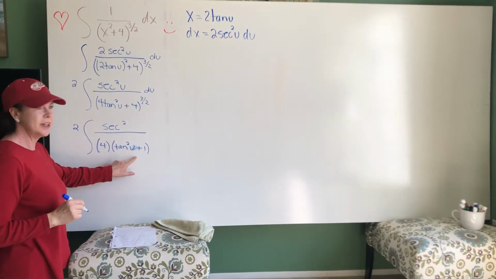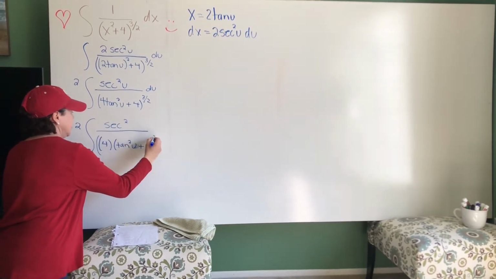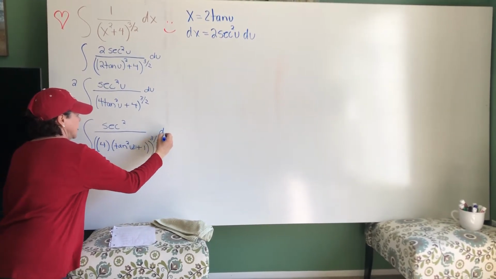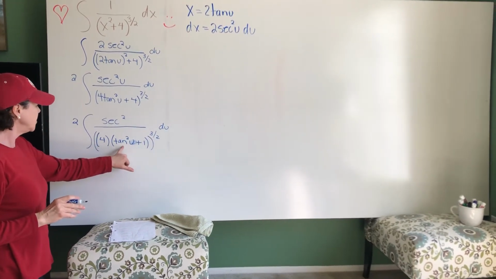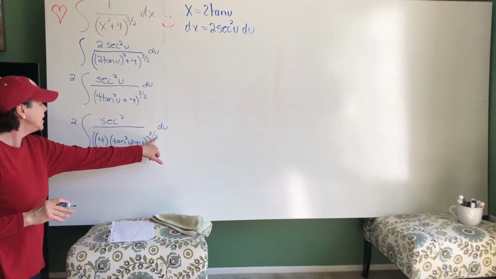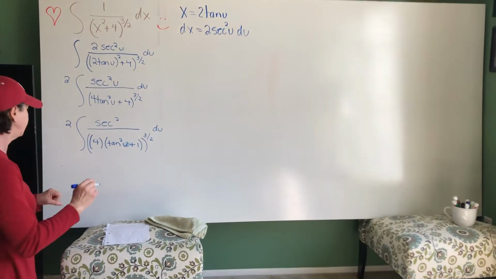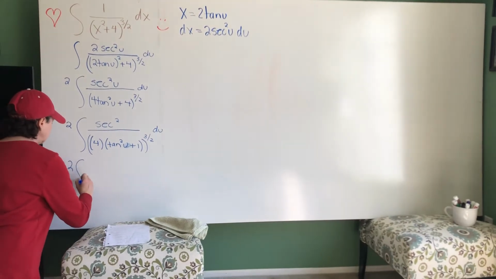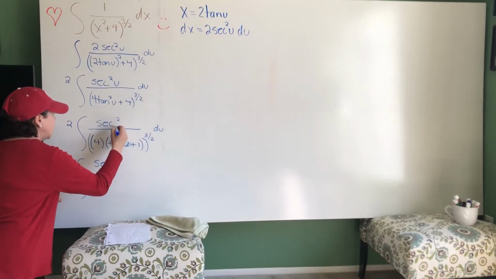This is looking really good here, isn't it? So notice all I did here was factor the 4 from the tangent squared and the 1. The 3/2 is still being applied to that 4. One more before I go up to the other side. Oh, I forgot my u there.